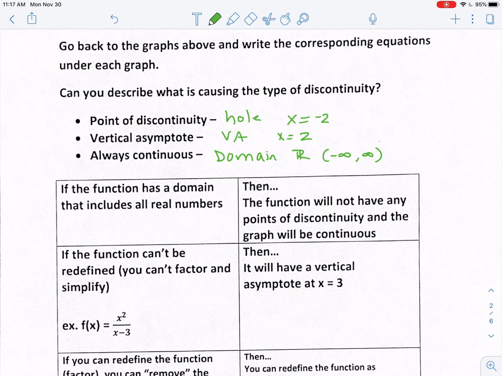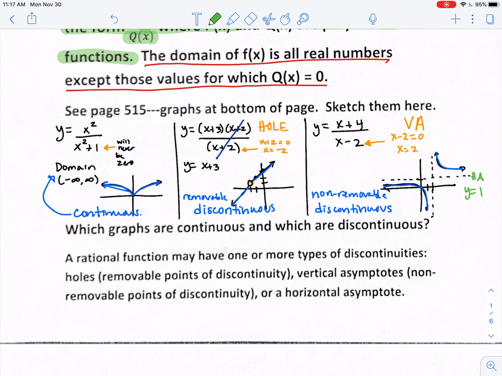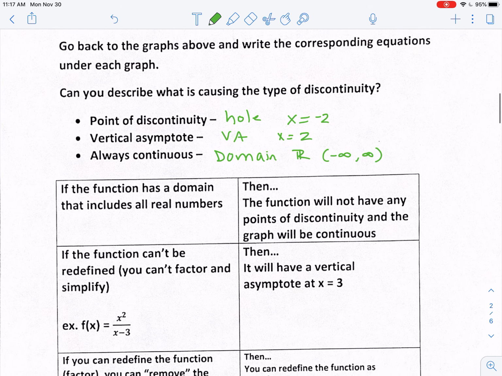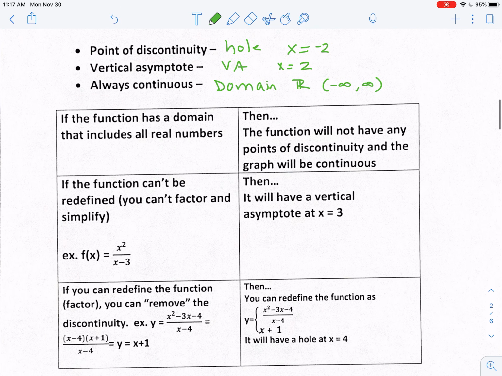Okay? Now let's talk a little bit about how I can look at these graphs or these equations and know if I have a discontinuity or a horizontal asymptote. All right, so if the function has a domain that includes all real numbers, then it's going to be continuous.